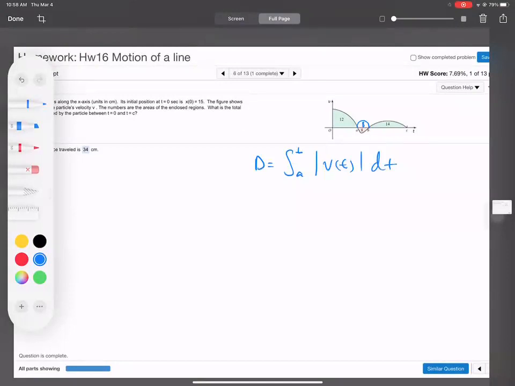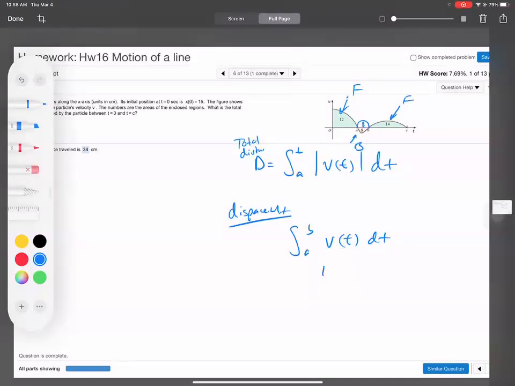If the question asks you for displacement, then the equation was the integral from A to B of v(t) dt. So we take the positives as positives and the negatives as negatives because we went backwards in those negative values. So I went forward, backwards, and then forward again.